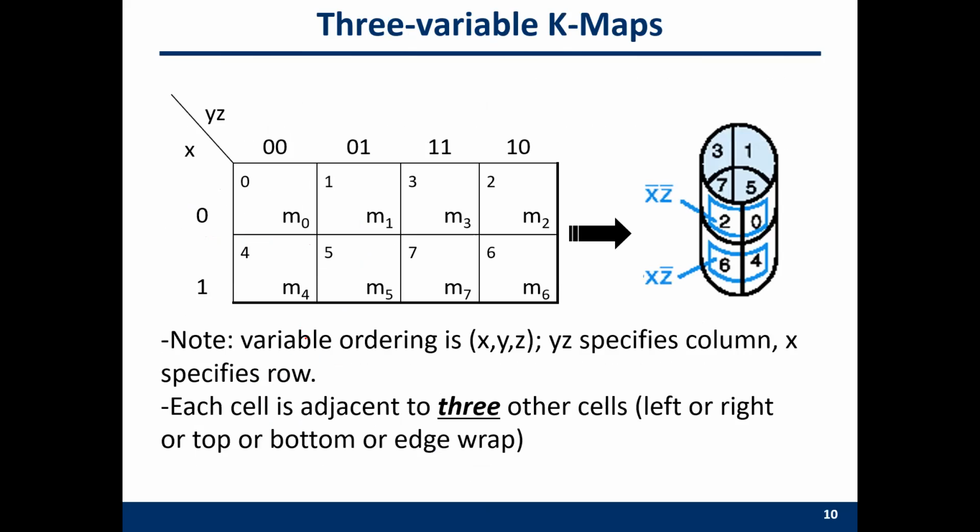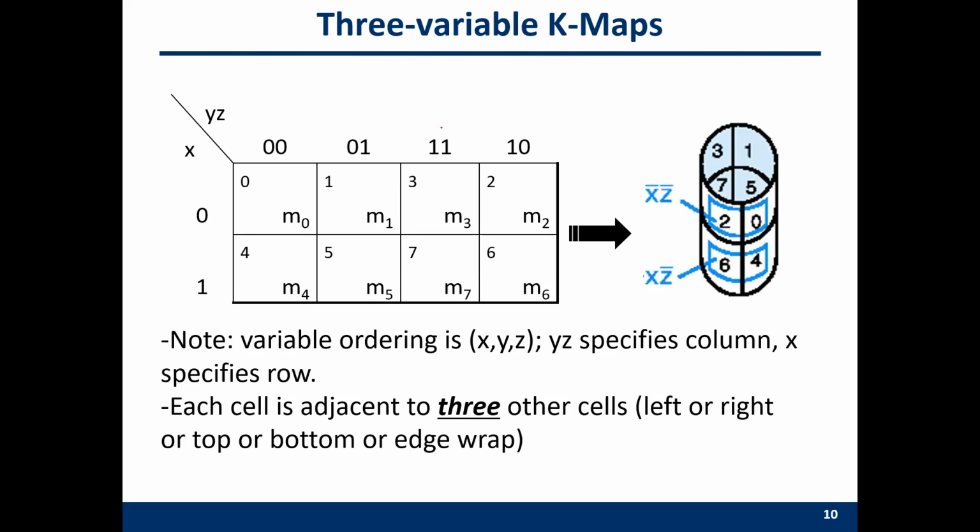So you can actually view the K-map like this. The K-map can be wrapped up like this. So each cell is actually adjacent to 3 other cells. In this example, this is the 3 variable K-map.